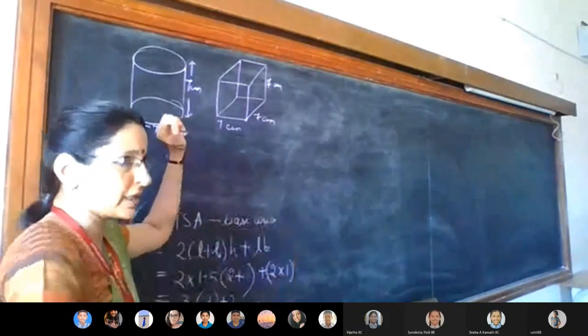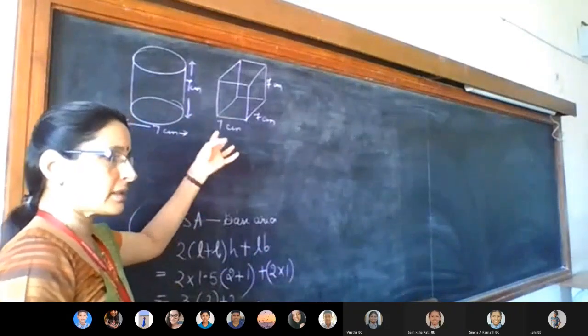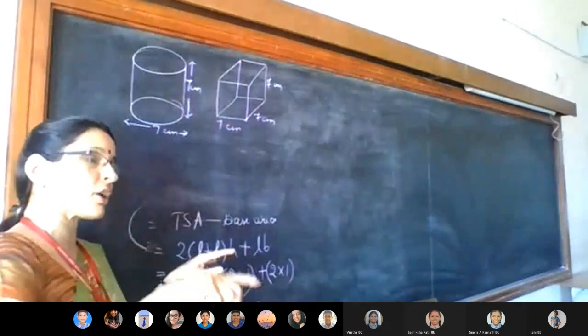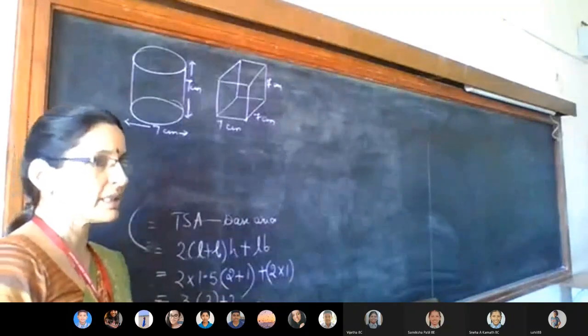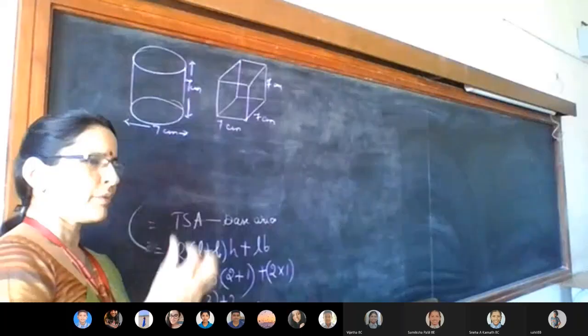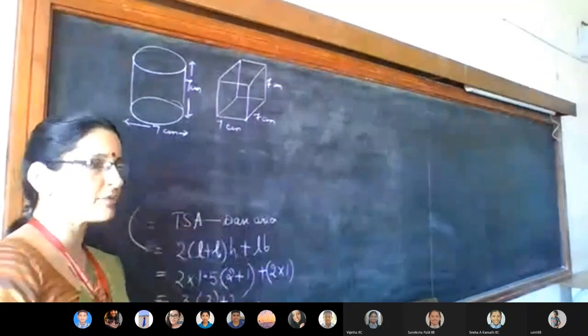So there also I can fill it. If you imagine the thickness as negligible, like I said the other day, you bring one dimension down to almost zero. Imagine that the sides are very, very thin. Then one should go inside another. Very thin material used means it can go inside and fit.